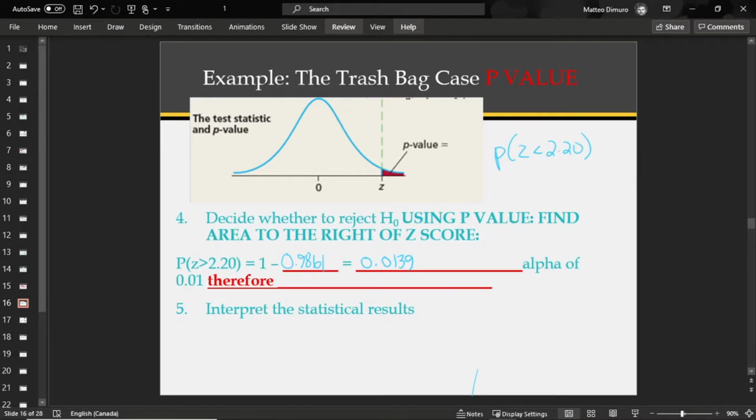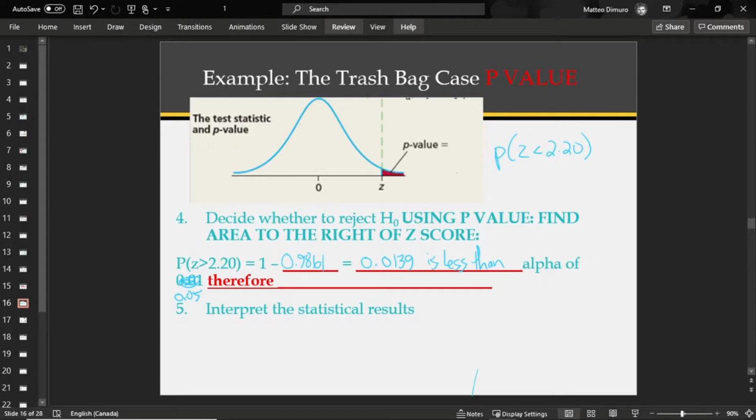Now this is less than the alpha value of, this should say 0.05, because that was the alpha value in the question.